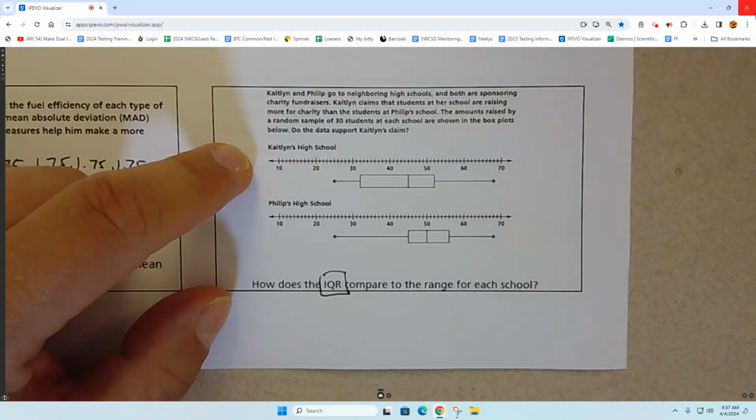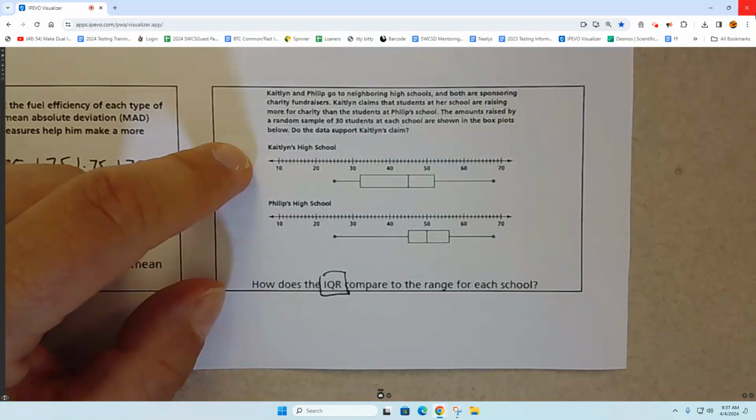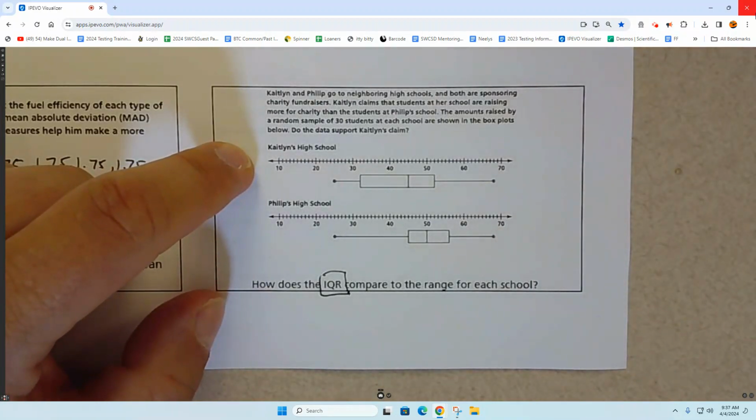Only box plots have these. The quartiles. So we're going to probably say something about quartiles. What percentages show up when we talk about box plots? 25%. What else? 50%, 75, 100. So we're going to probably want to say something about one of those percentages.